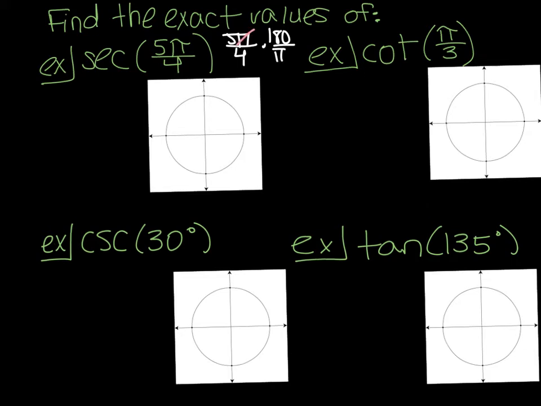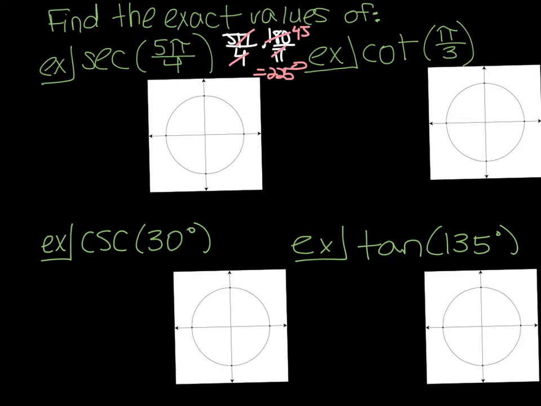Cross-canceling a little bit, the pi values cancel out. 4 goes into 180 45 times, and then the 45 times the 5 is going to give me a 225 degree angle measure. So this is a 225 degree angle measure.